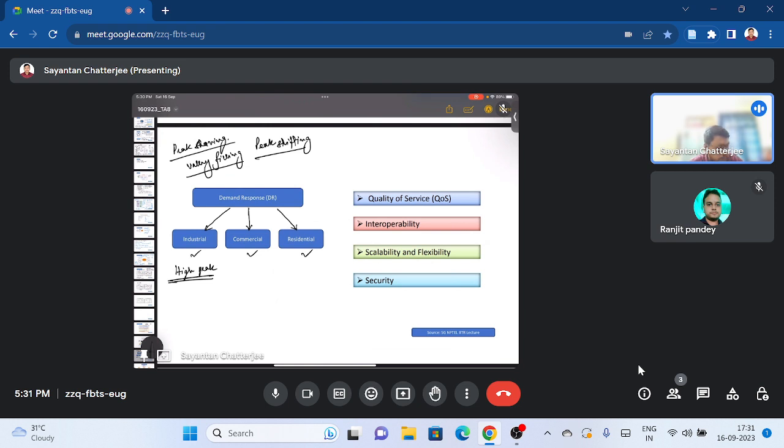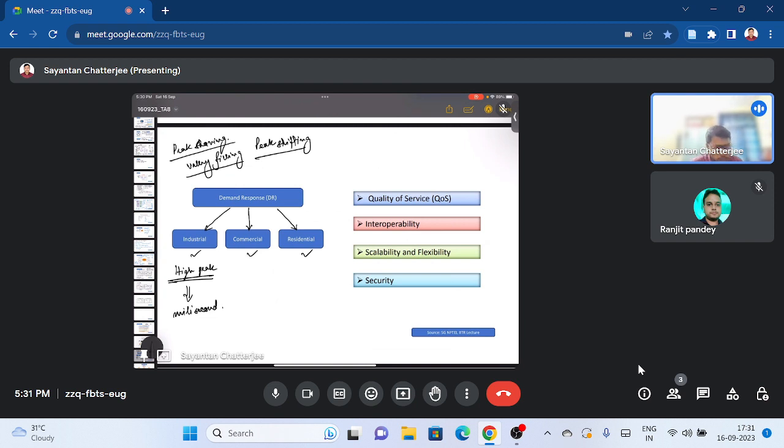These are some of the demand response objectives. Industrial customers mainly have the high peak. These industrial customers need to be monitored on a millisecond basis, because their changes are faster, and their loads are also highly dependent on the present performance.